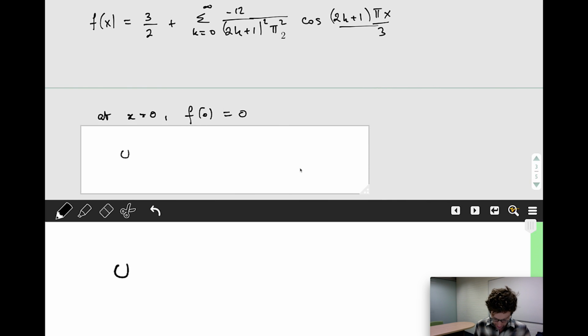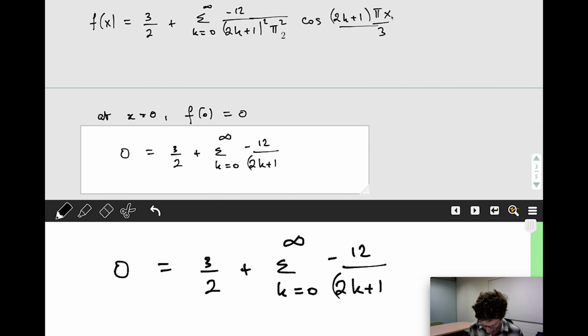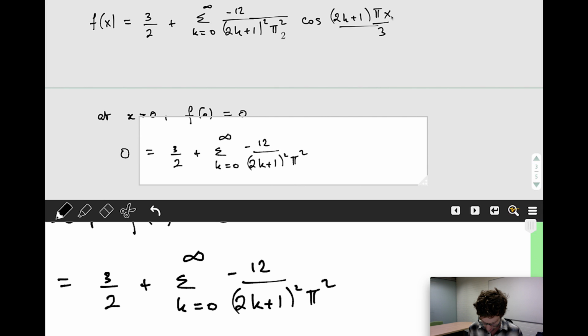But what happens to the Fourier series? So I've got 0 is equal to 3 over 2, and let's now substitute in x equal to 0 in here. So we're going to get minus 12 over (2k plus 1) squared pi squared, times cosine of 0. And of course cosine of 0 is 1.